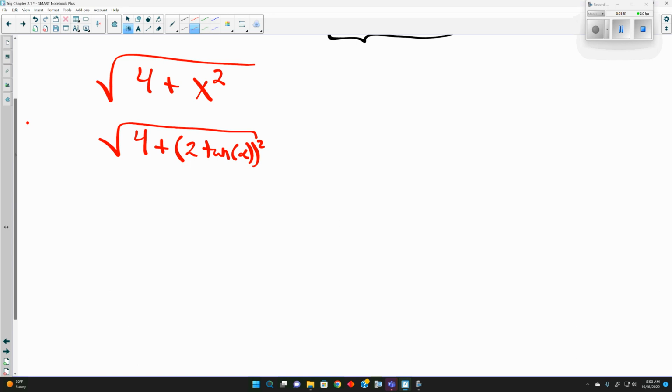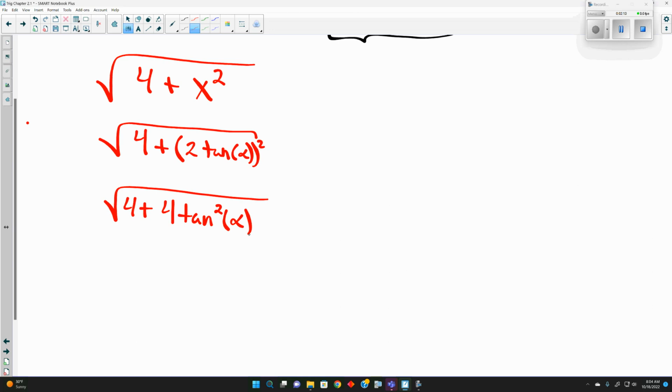And luckily, because there's not a plus sign between the 2 and tangent, we're just multiplying. So we have the square root of 4 plus 2 squared, which is 4, times tangent squared of alpha.